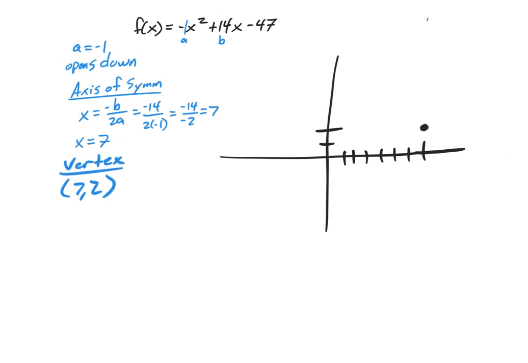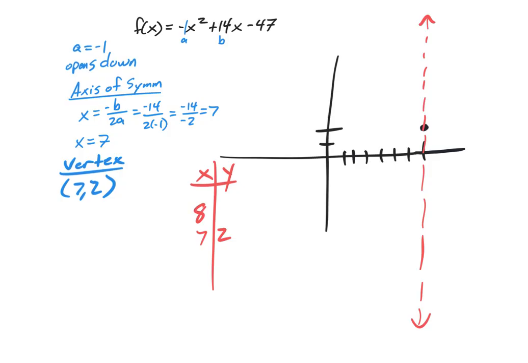I'm going to go ahead and draw in the axis of symmetry at x equals 7, which goes right down through the middle of the vertex. That's going to be the line that splits the graph in half. Okay, when we come up with our table of values, 7, 2 is going to be the point that we want in the middle, right? So I'm going to pick some points to the right and to the left.